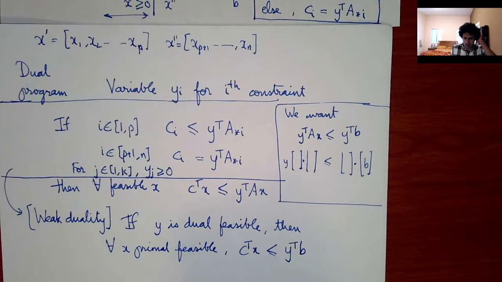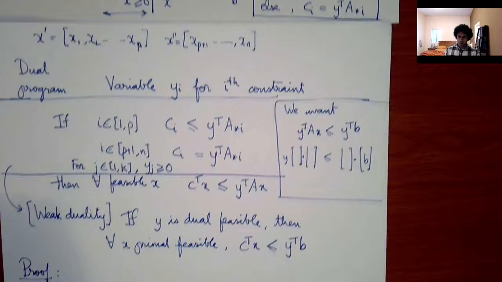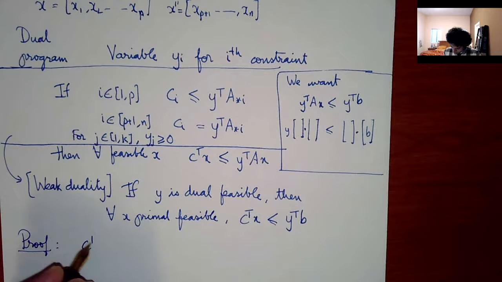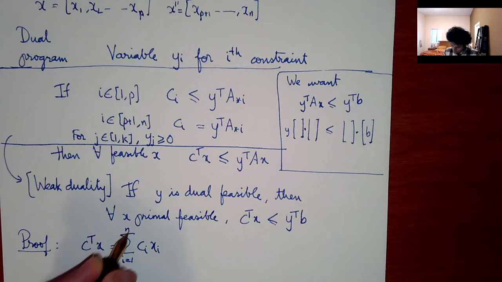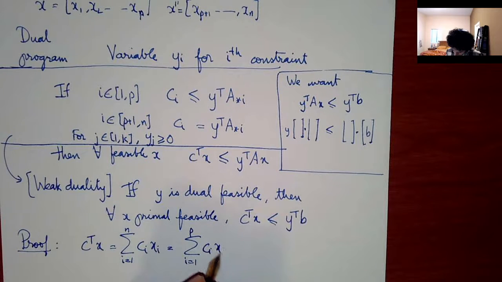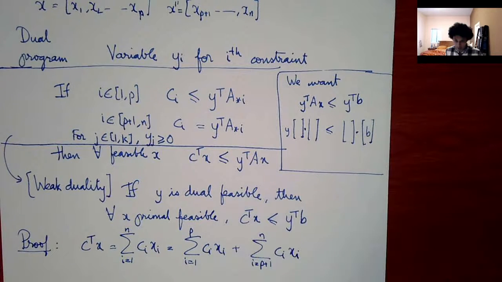And the proof is actually fairly straightforward. It's just going to be some manipulations of whatever you've seen so far. So let's write the proof out. So we'll say, okay, C transpose X is equal to summation Ci Xi, I going from 1 to n. And we can split this up as I going from 1 to p, Ci Xi, plus summation of I going from p plus 1 to n of Ci Xi.